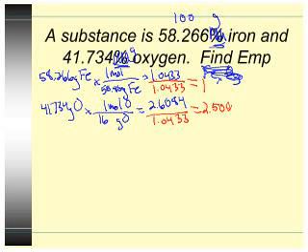Now I want these to be whole numbers. So what I'm going to do next, since 2.500 is very nearly a fractional number, I can multiply both of these by 2. Now why do I multiply it by 2? If I multiply 2.50 times 2, I would get the whole number 5. And 1 times 2 is 2, which is also a whole number. Does that make some sense, I hope?